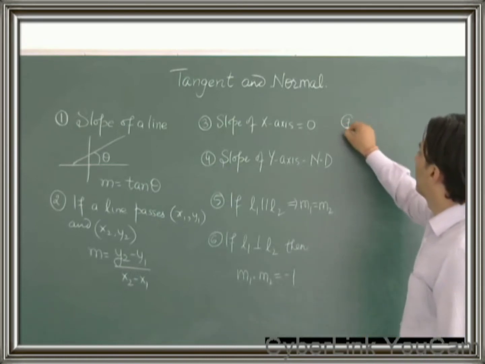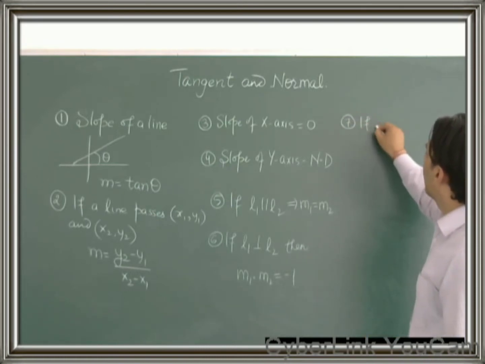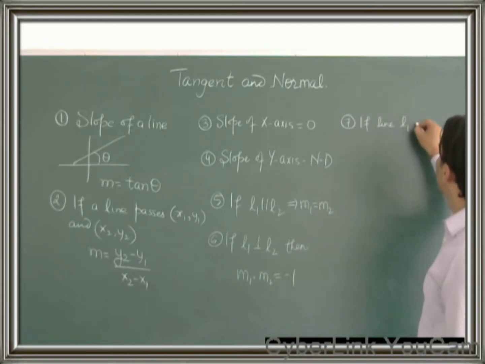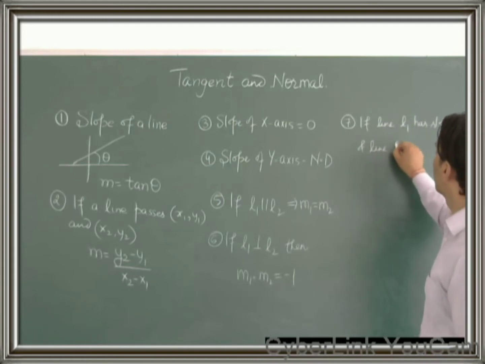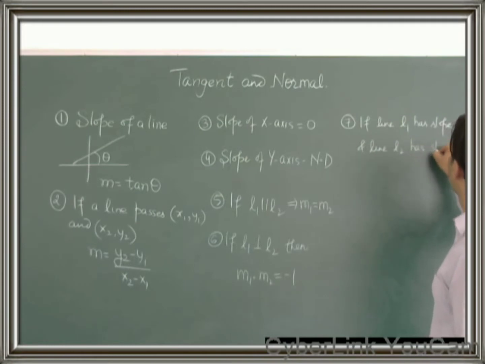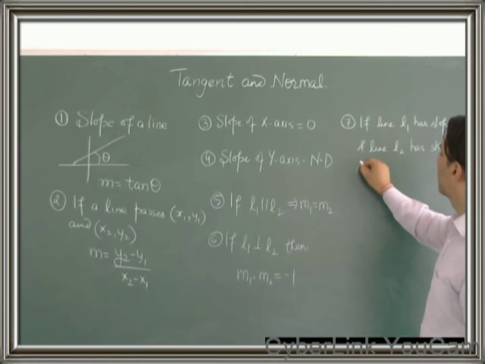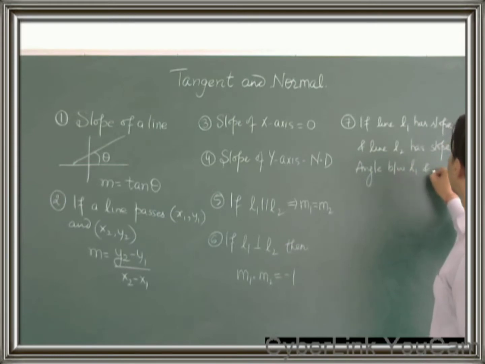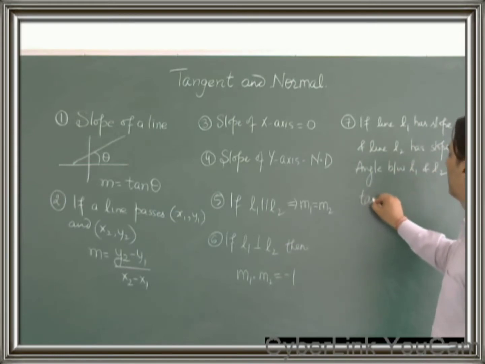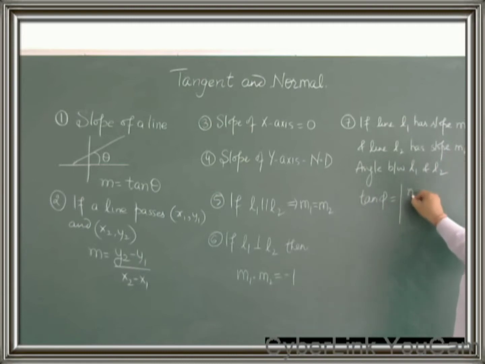Then we have point number 7, where line L1 has slope m1 and line L2 has slope m2, then the angle between lines L1 and L2 is given by tan phi equals (m2 minus m1) upon (1 plus m1 m2).